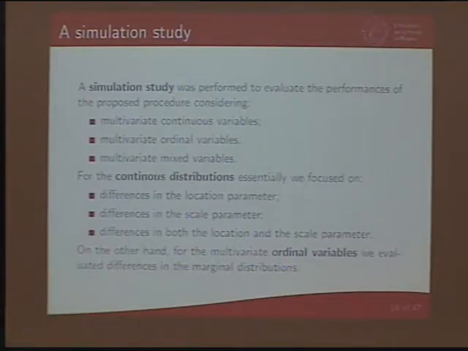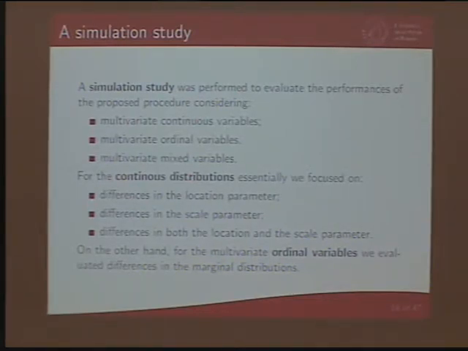One feature of the multivariate permutation test is that you do not need to have only continuous variables. You can apply this test to continuous variables, to ordinal variables, or also you can have in the same problem mixed variables, so some continuous and some that are ordinal or even nominal variables.